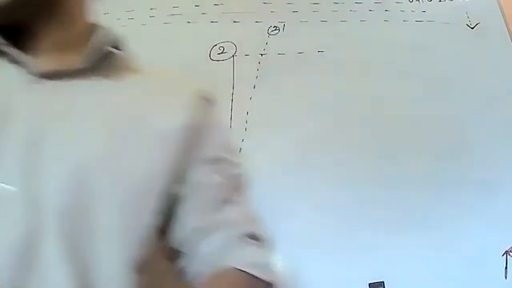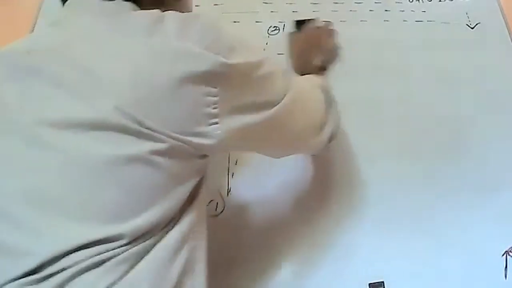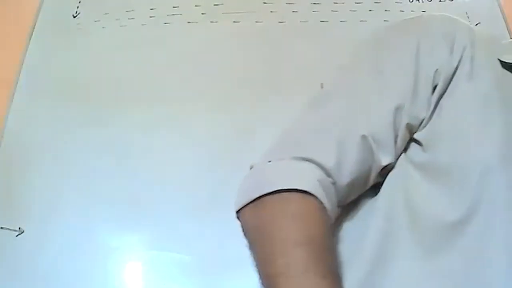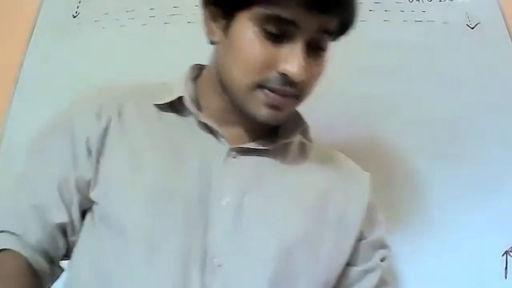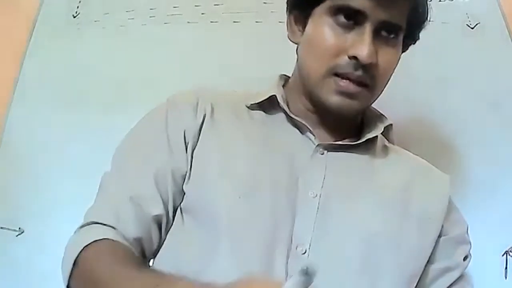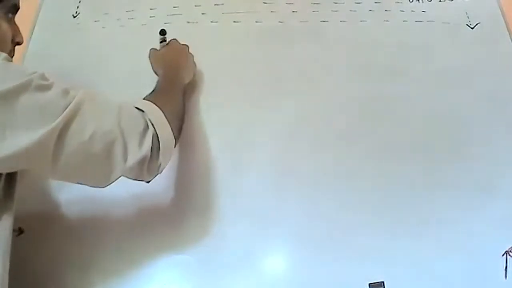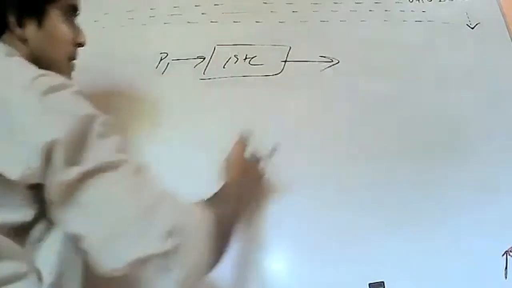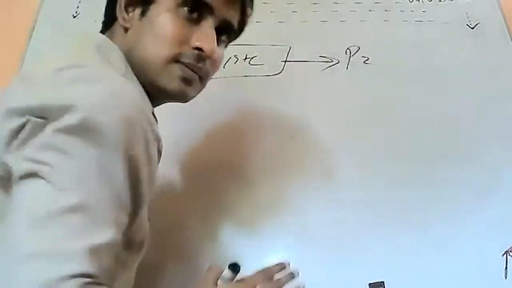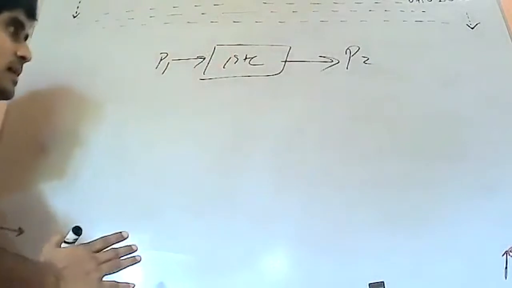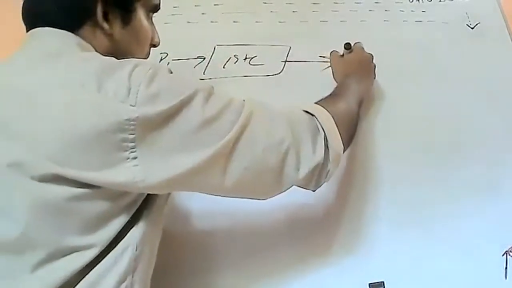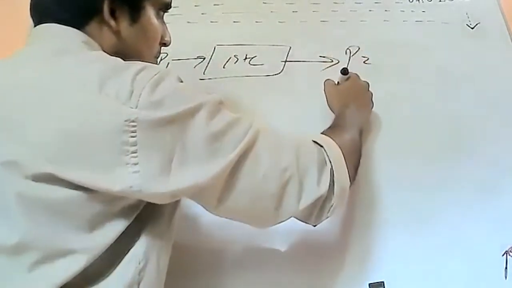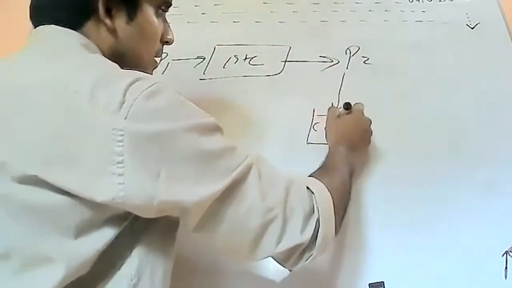But now what I'm going to teach you is not that. Now the scenario of the pressures, the pressure ratios case. I told you there are two compression stages. P1 through the first compressor is compressed to pressure P2. Then I told you this is intercooled, a cooler.